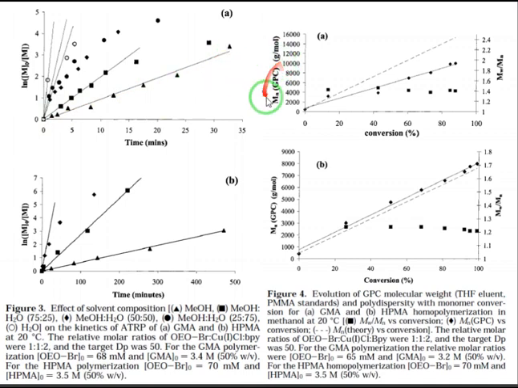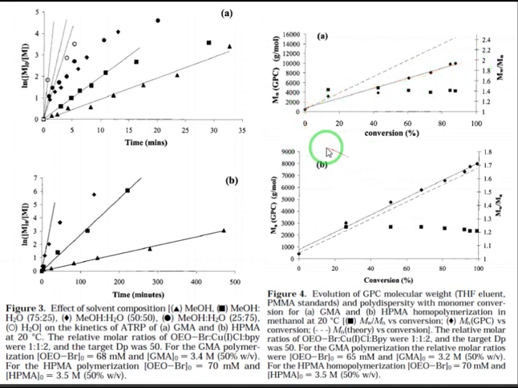And you see here that the second feature of the living polymerization that we talked about was the number average molecular weight of the polymer chains which are formed. And you see that the number average molecular weight with respect to the percentage of conversion is also varying linearly.